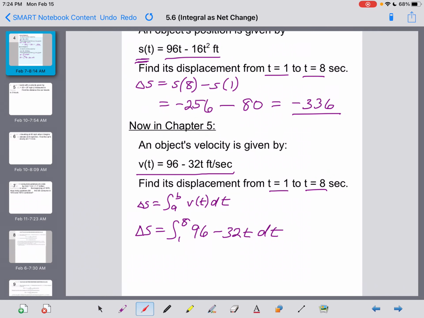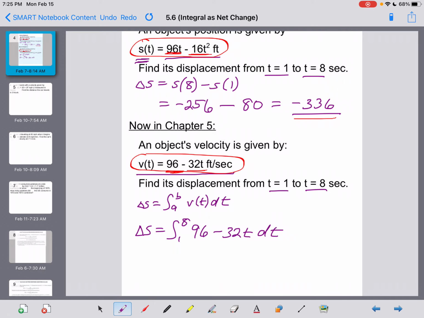If the position function was 96t minus 16t squared, velocity would need to be the derivative of that position function. And sure enough, the derivative of 96t is 96, and the derivative of minus 16t squared is minus 32t. So I'm expecting to get the same answer here that I got right there.